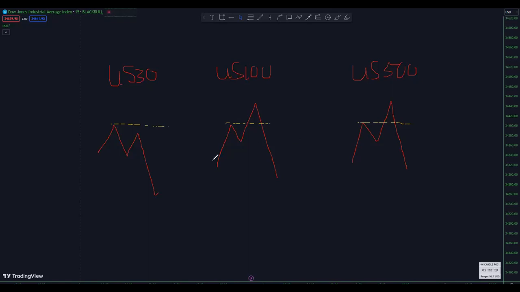You understand? So this is what happened actually today, where US100 and US500 were just doing a sweep of liquidity. Again, this previous day, this liquidity that they're sweeping, previous daily highs. But in here, what did we have?